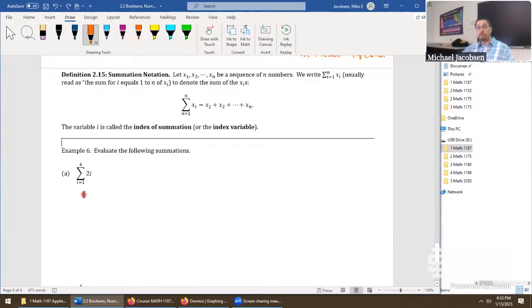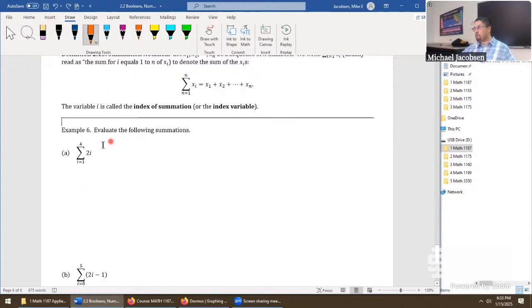What we'll practice is just doing the evaluations on a couple quick examples, similar to what you're dealing with in the homework. So first one, we're evaluating a summation as the index i goes from 1 to 4 of the expression 2i. In order to do that, all we need to do is just expand the sum like we see over here.